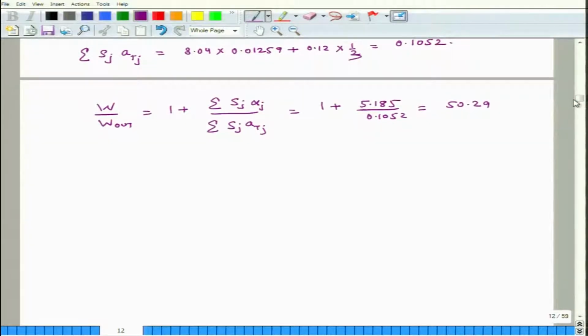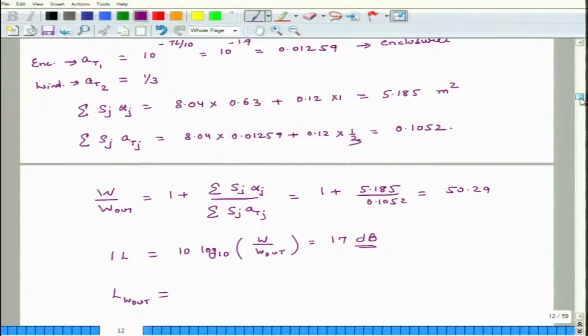Okay. So, insertion loss is 10 log 10 of W by W out, and that equals 17 dB. So, insertion loss is 17 decibels.